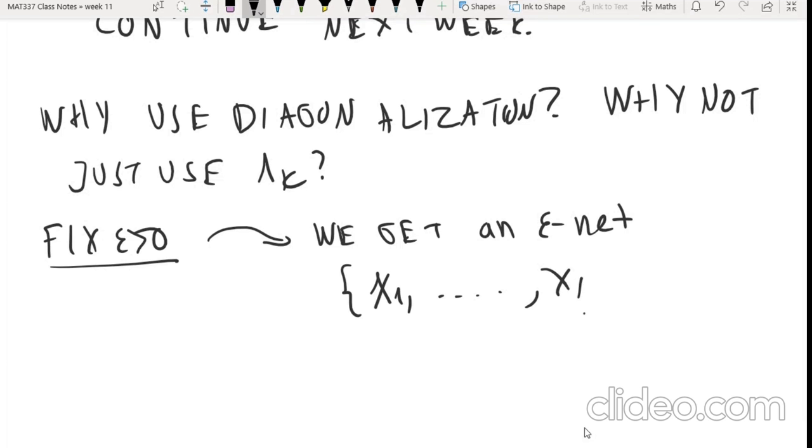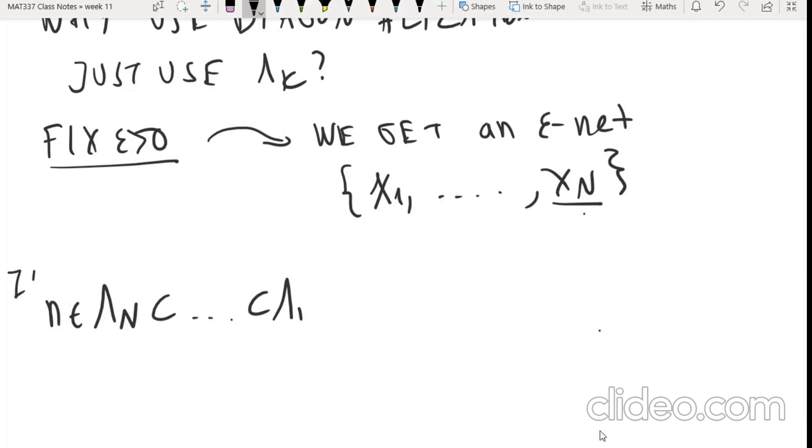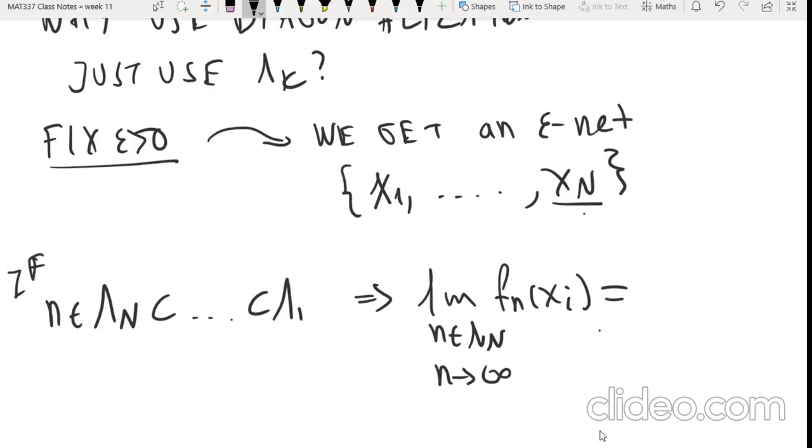And yes, it's true that if you take the final lambda_n, which is inside all the other ones, and take the limit over the deepest one, then you get a limit for all i from 1 to n. So that's true.